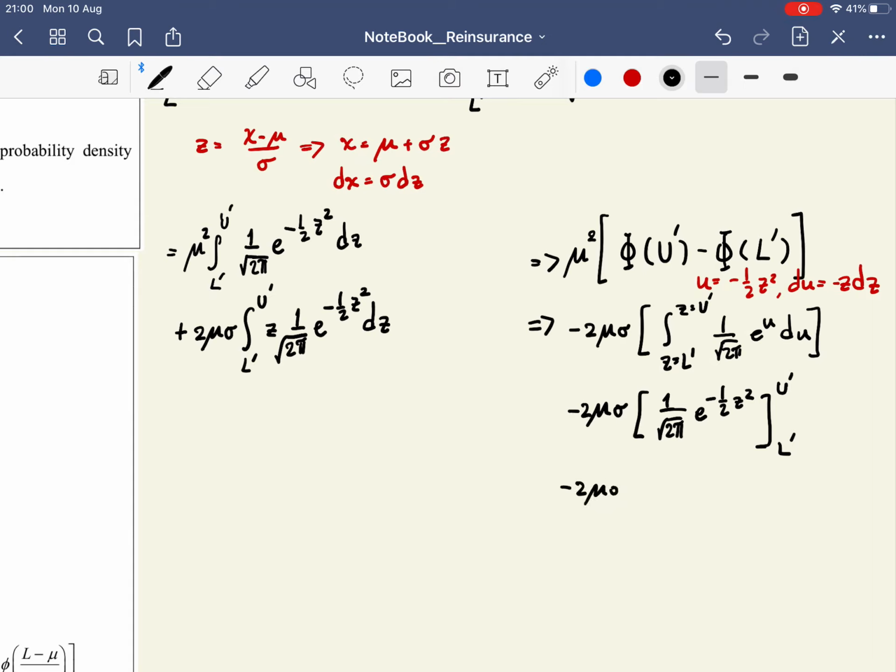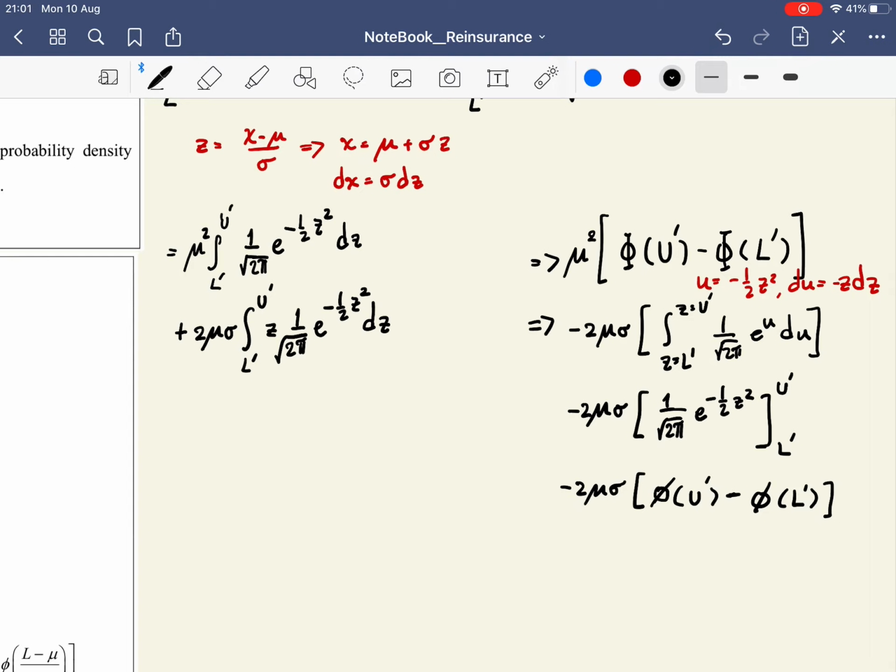So finally we're going to have the negative 2 mu sigma, and this one is just the PDF, right? The PDF of the standard normal. So it's our lowercase phi of U prime, take away the lowercase phi of L prime. Here we got, okay.